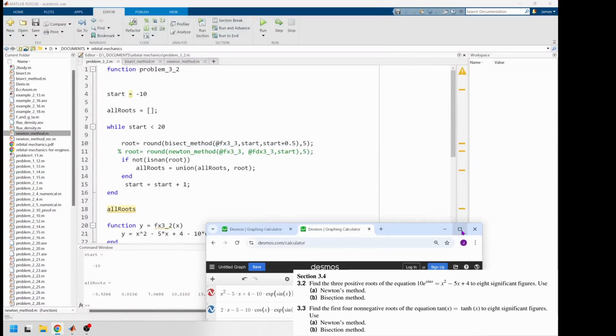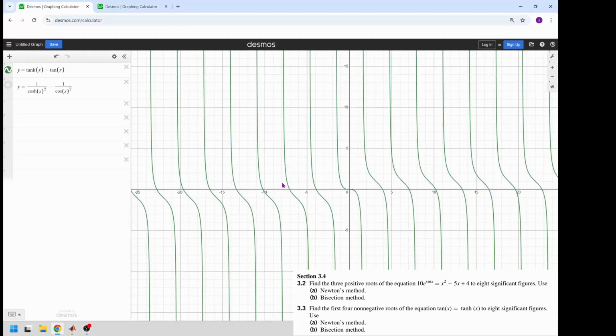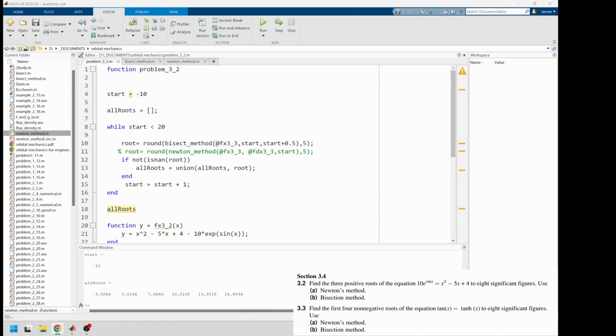So this is 3.3, and this is the graph for 3.3. You can see we have 0 is at 0, at 4, at 7, and interesting that it just doesn't find it directly at 4. It's probably because I'm landing directly on 4.